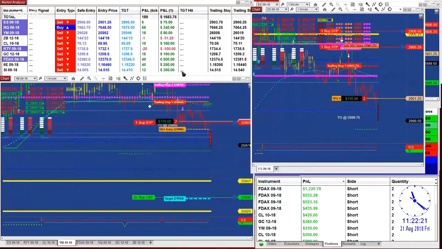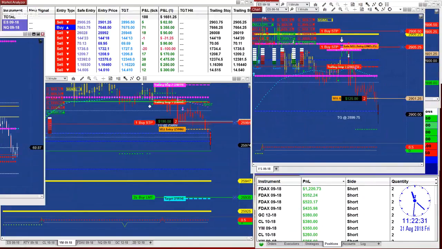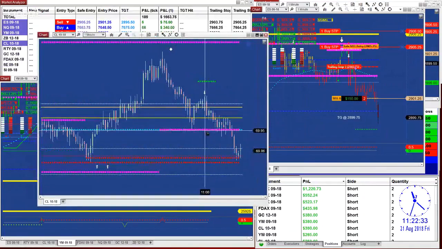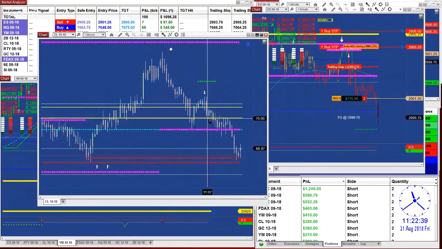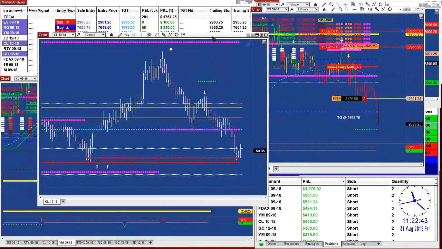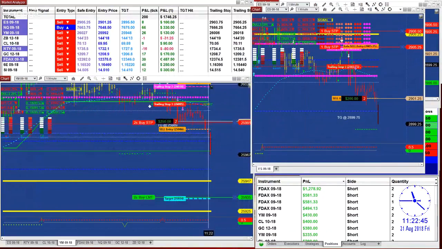If you want to follow the system, let me see where's the re-entry on the CL. The re-entry on the CL is 70.13. Where the hell is 70.13? Okay. So there we go.